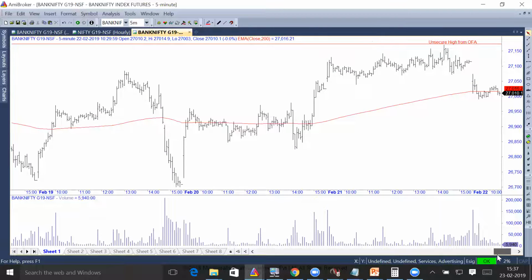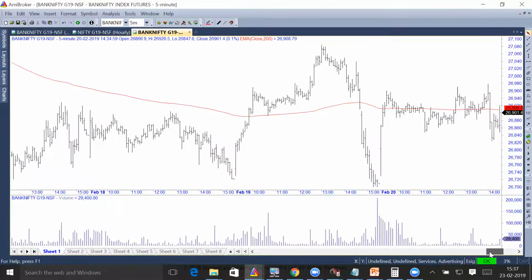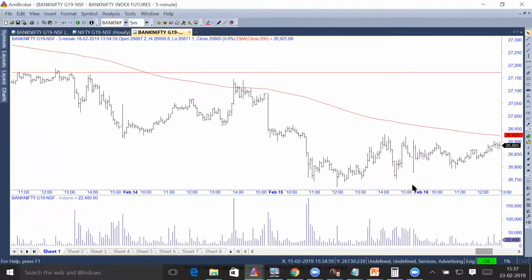So this is the Bank Nifty chart, and a couple of days back we've seen this. One of the places where you can see the price hitting a zone where it is creating a momentum auction reversal. Not every time it hits a 200-day moving average will we see this.